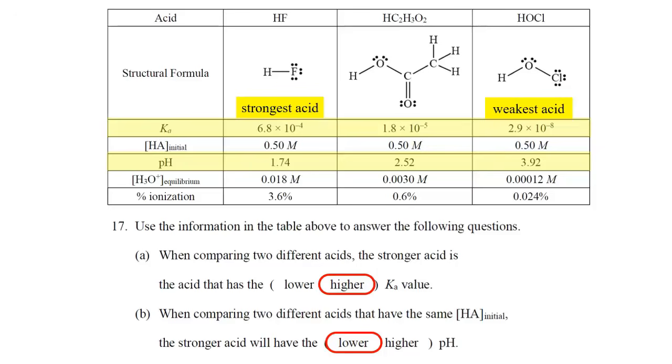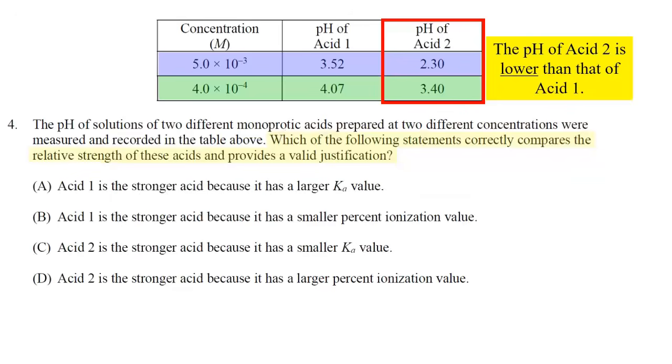The stronger acid is the acid that has the higher Ka value, and comparing two different acids that have the same initial concentration, the stronger acid will have the lower pH value. So since the pH of acid 2 is lower than the pH of acid 1 for this particular set of data, then we can say with confidence that acid 2 is the stronger acid.